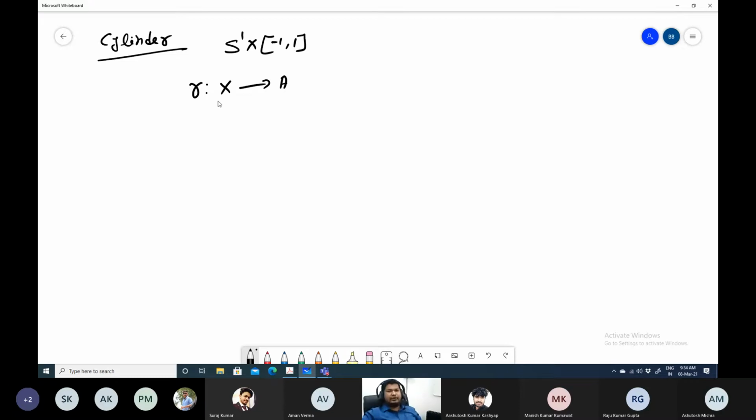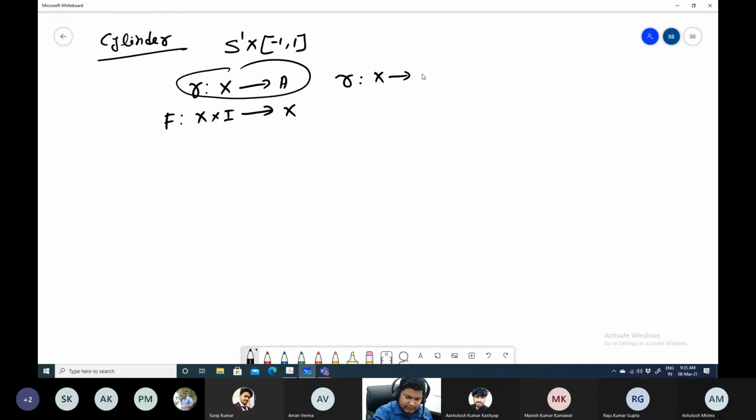Can you give me that, X cross I to X? Where we can take the retraction as a map from X to X. Now, can you define such a map? How is it a retraction?